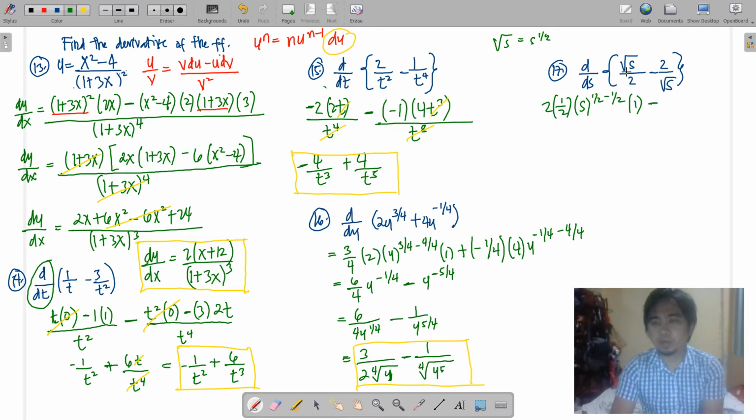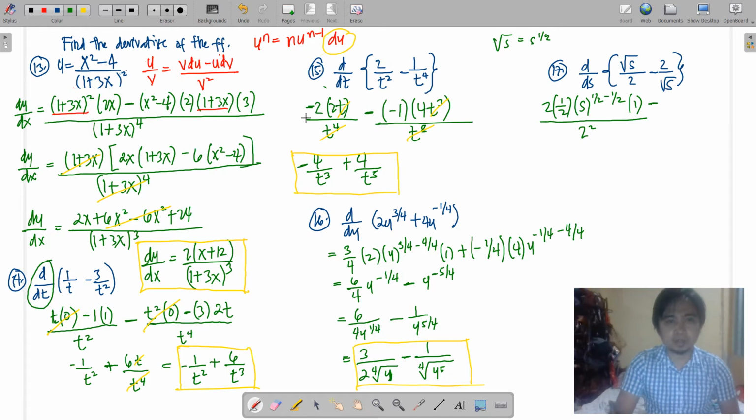Copy the numerator, differential of the denominator. Our denominator is constant, so that's just 0. So the minus u dv disappears here. So perhaps we can enclose this all over 2 raised to 2. Okay? This is v squared. And then we proceed to the second term here. What is our second term?